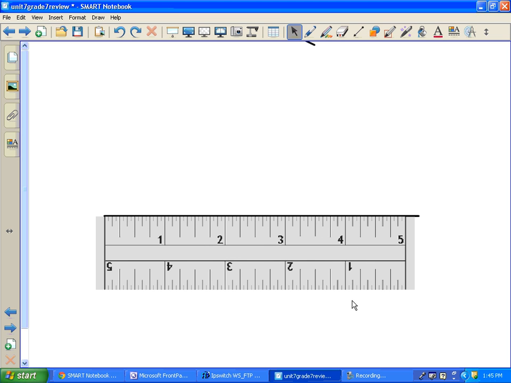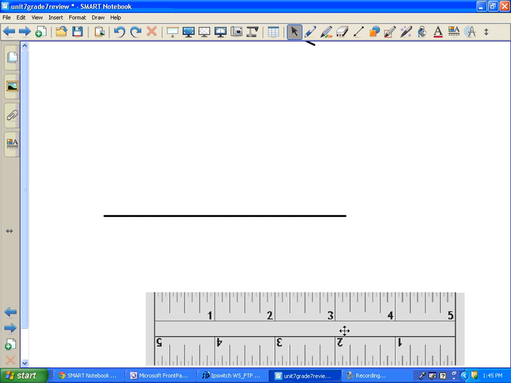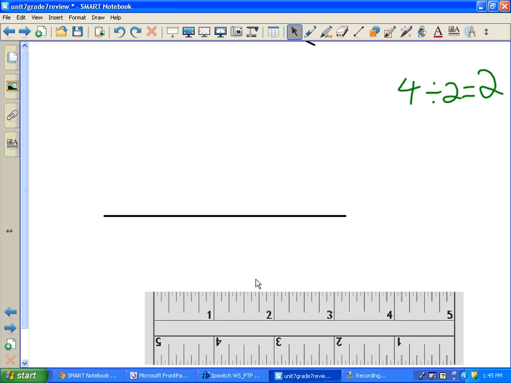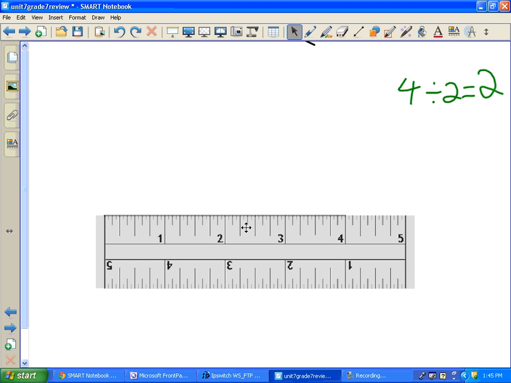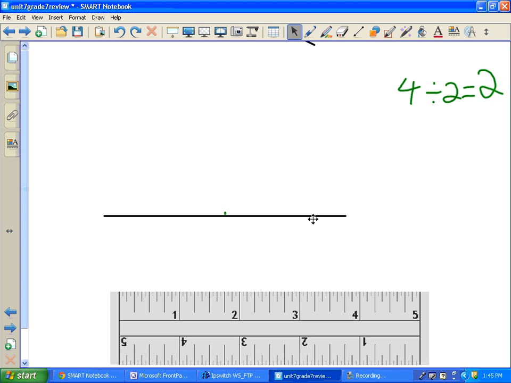Okay? So I take my line here like this, and let's say my line is 4. Well, what's half of 4? 4 divided by 2, or half of 4, is going to be 2. That's pretty easy. So I'm going to put a little tiny dot right where 2 is. There. So that's halfway in between my line.